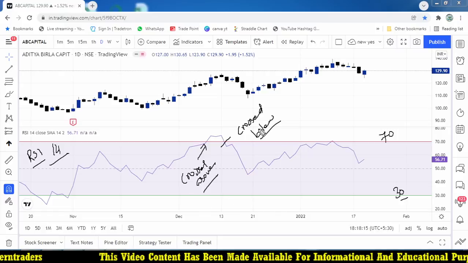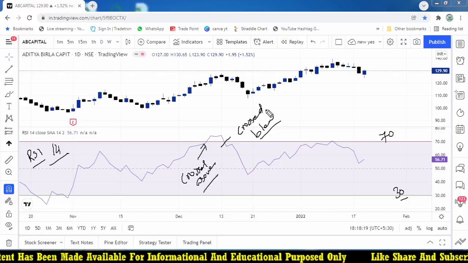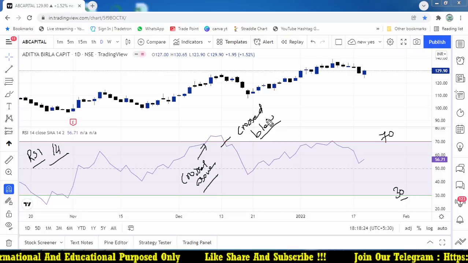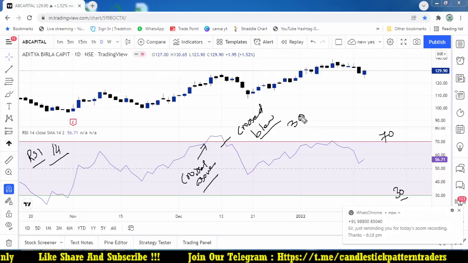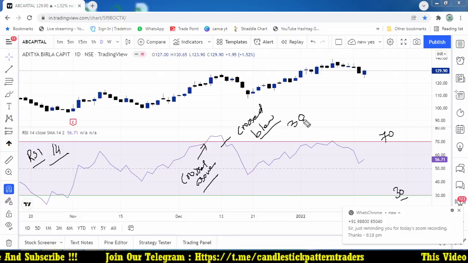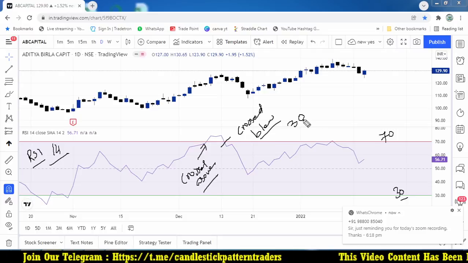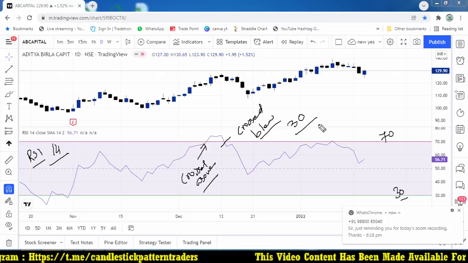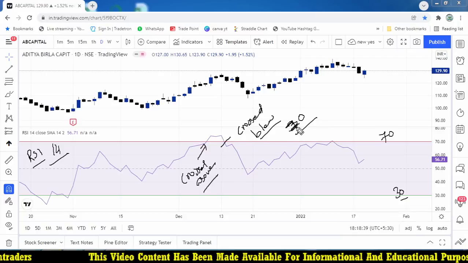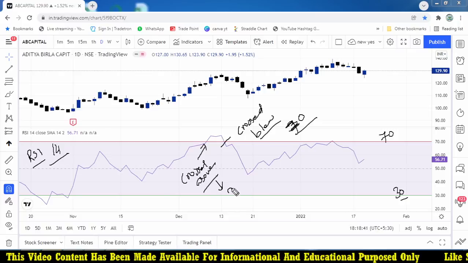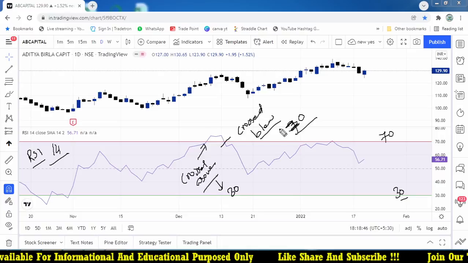Crossed above or crossed below, or greater than or less than, but we are not going to use greater than or less than, because we are going to use crossed below or crossed above. So the two conditions for my trading system are: crossed below 70 or crossed above 30.